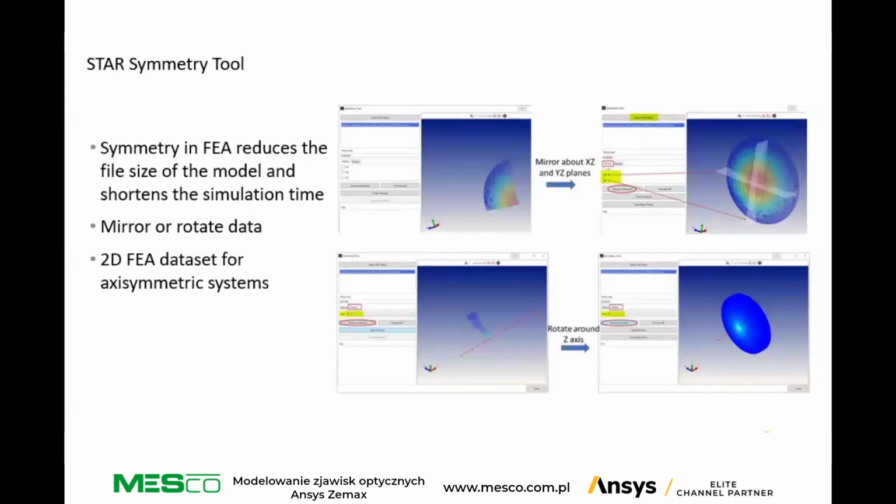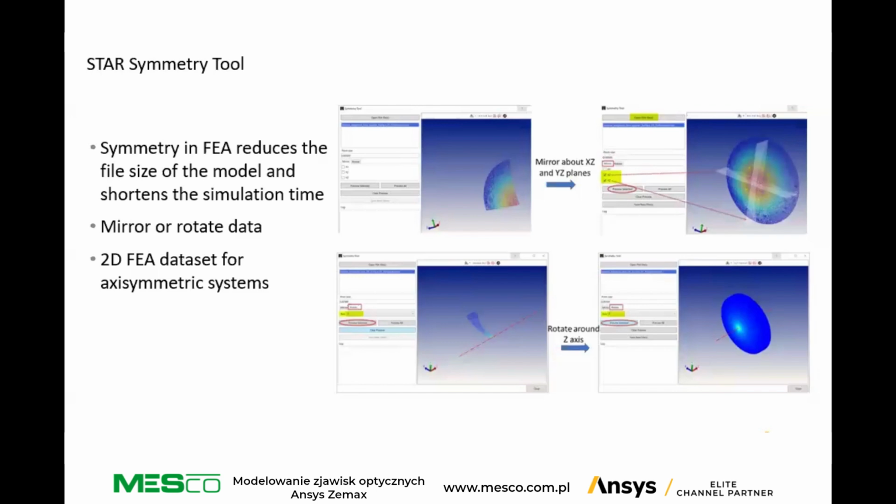There is also a symmetry tool, and this is used to load symmetric data like axis symmetric or planar symmetric. Using this tool, the data from a half or quarter model can be loaded onto the system, and you don't need to record the full geometry of the lens.